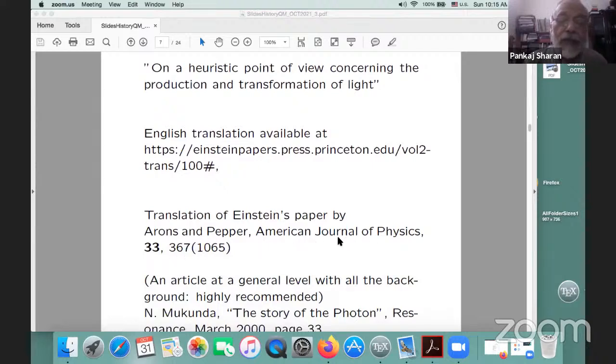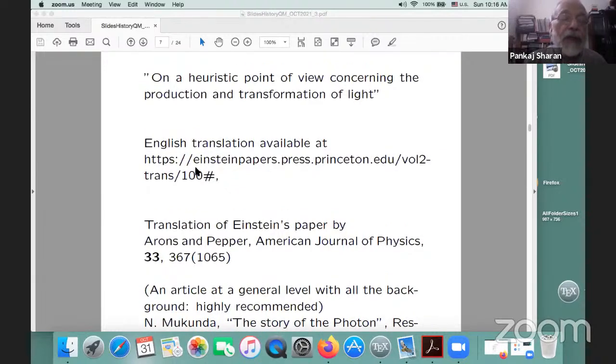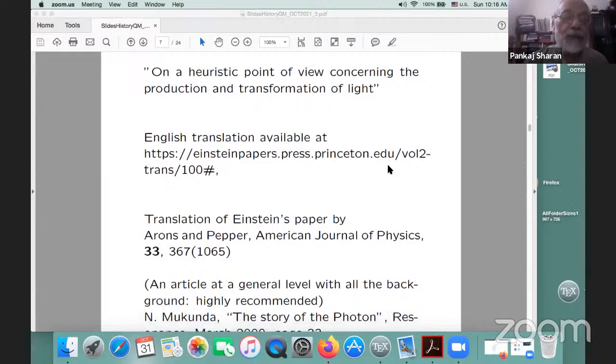So if you have access to American Journal of Physics, you can see it there. Almost all Einstein's papers are available online at einsteinpapers.press.princeton.edu and you can look at it there.